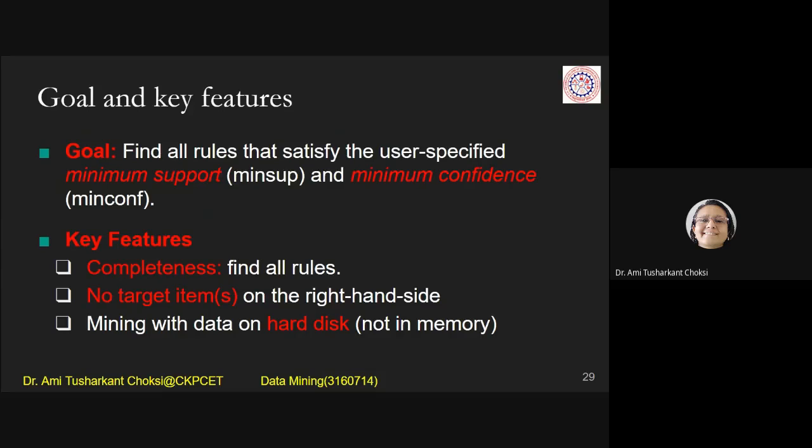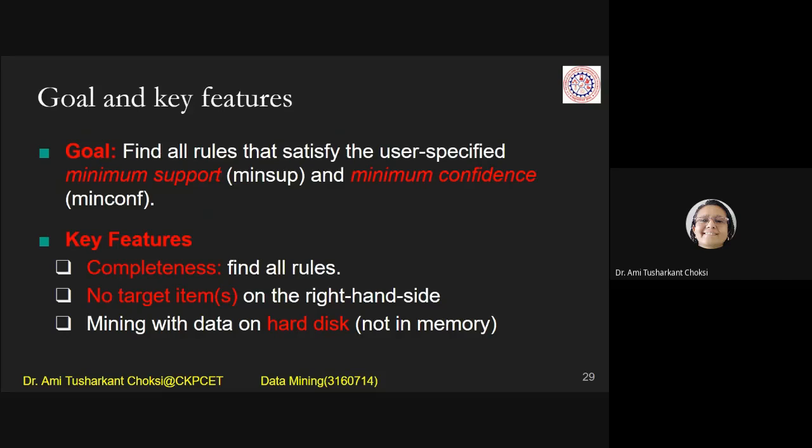If you think of the real world, the shop owner or whoever the decision makers are, they will say this is the minimum support and this is the minimum confidence.